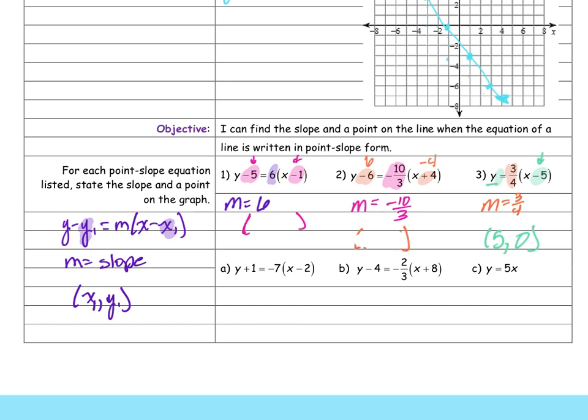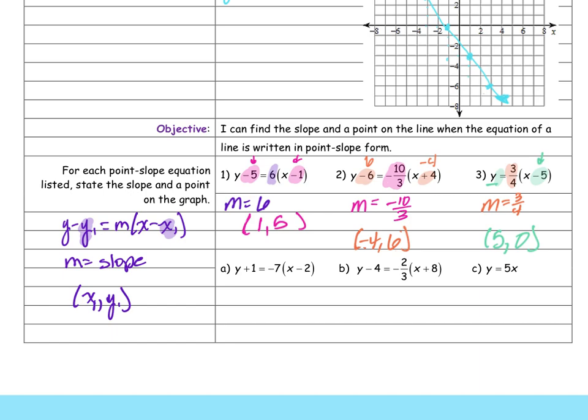I even said that a bazillion times. So it would be 1, 5. And here it would be negative 4, 6. Hey, guys, I make mistakes all the time, so if you catch me, tell me, okay? I'm not perfect at math at all. I like to think I am, but I know I'm not. So thank you for catching me.